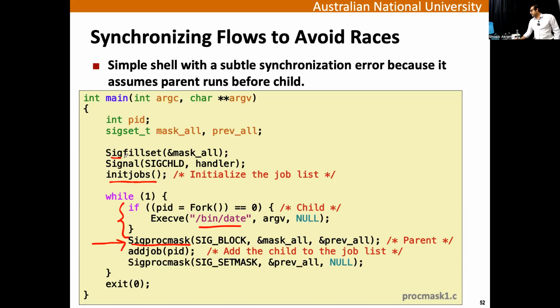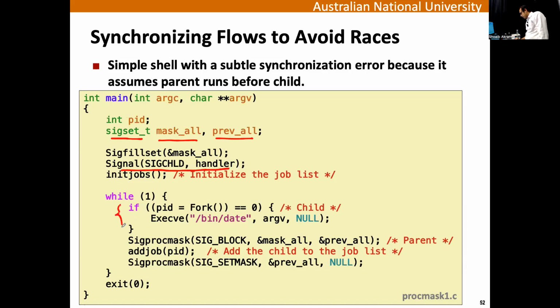So sigfillset will include all the signals on the system in the block bit vector. Just like sigemptyset, there is a sigfillset that fills the blocked signal vector with all ones. Okay, so all signals are blocked this way. So you have a mask_all. Once again, look at the type, the prev_all, and you install the child handler.